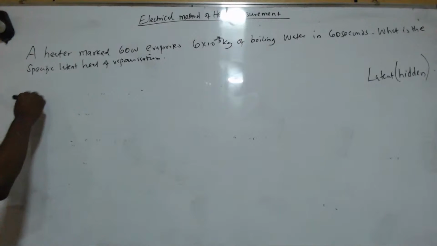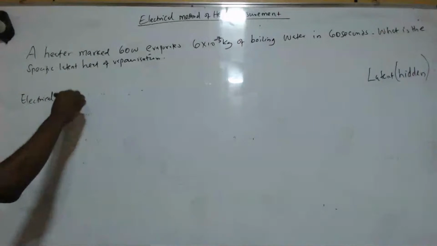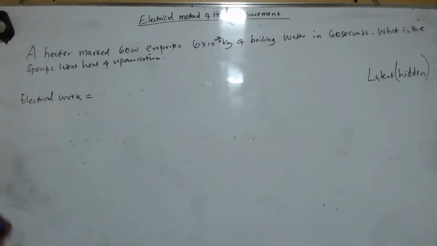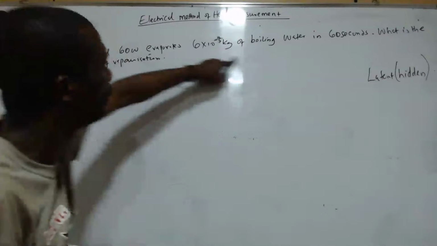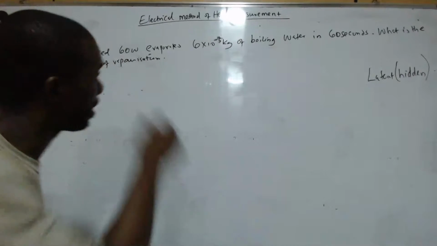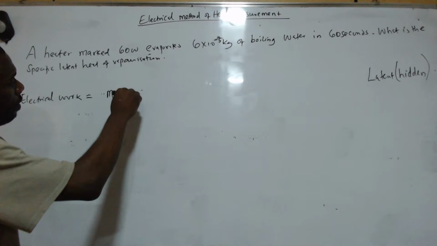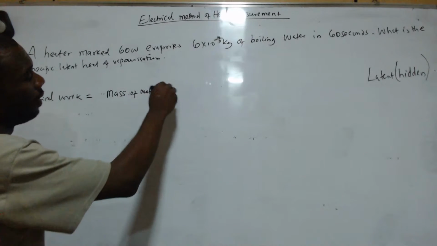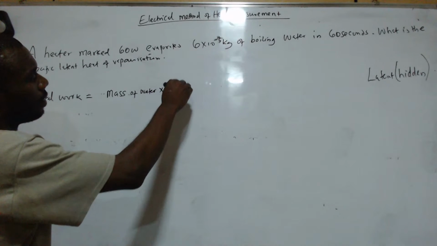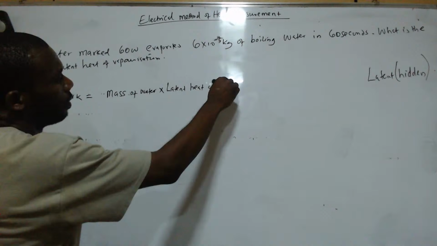Electrical work is equal to work done on this boiling water, which is equal to mass of water multiplied by latent heat of vaporization.